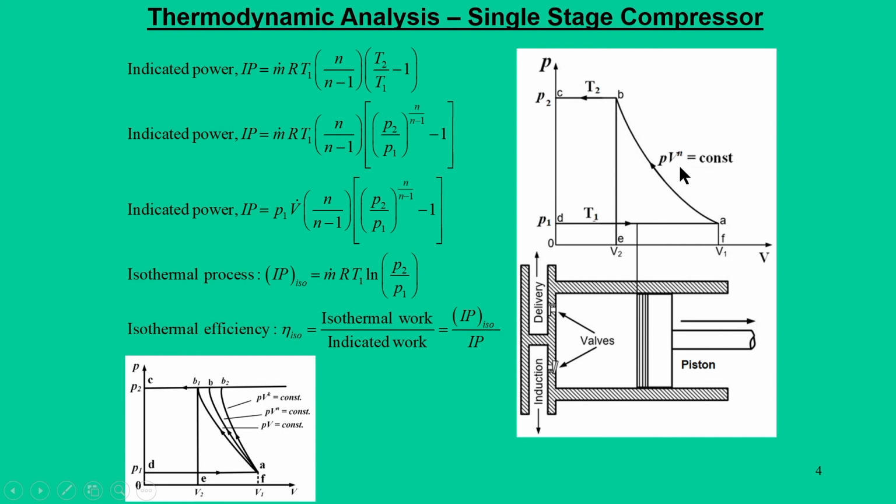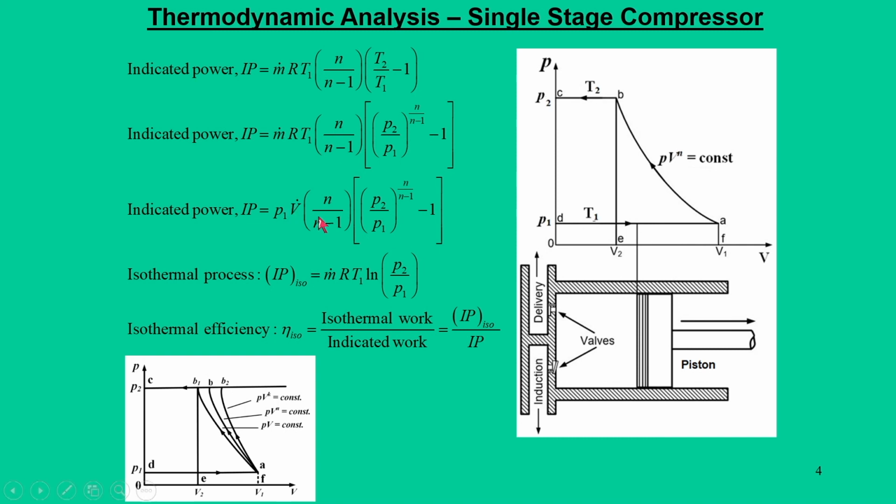For this compression process, we derived how much indicated power we require, and this indicated power is expressed in many versions. One is in the form of temperature ratios, another in the form of pressure ratios, and in some cases we have used mass flow rate, in some cases volume flow rate. Depending on the nature of the problem, we can use the appropriate expression.